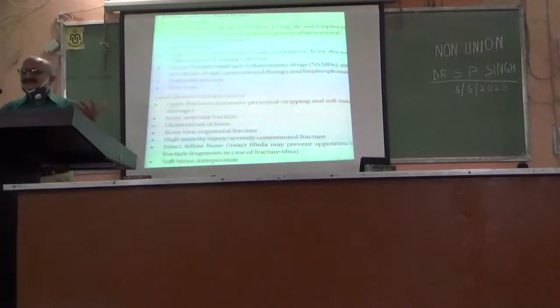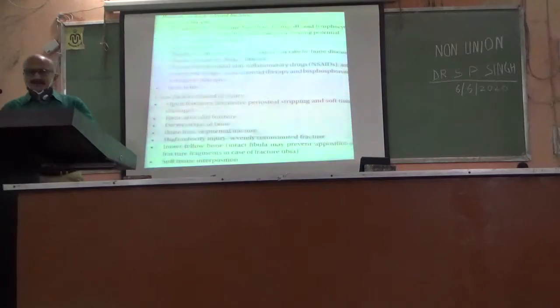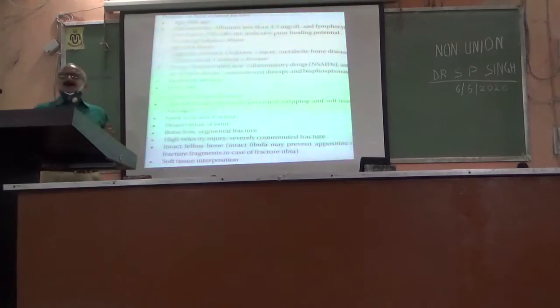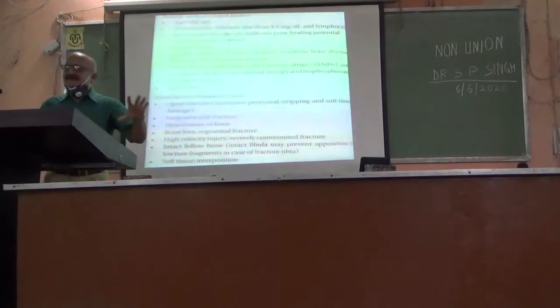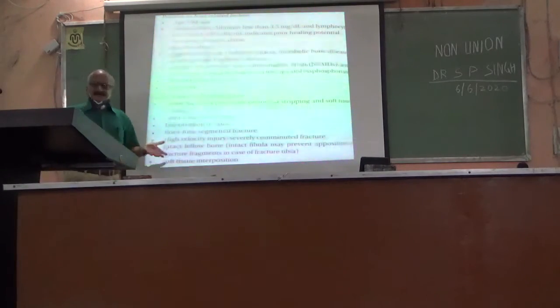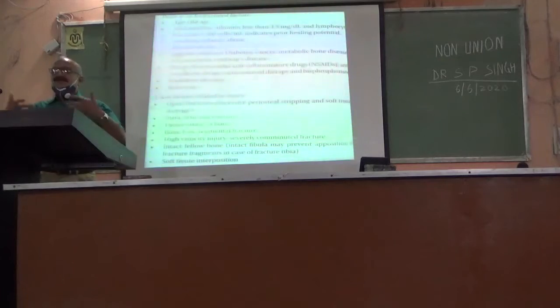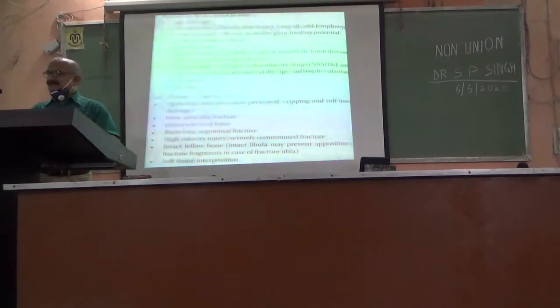when it's host related, but there will be no pain in non-union. क्यों? क्योंकि simply because all the processes of healing have ceased. Simply because inflammation में तुमने क्या पढ़ा है? Inflammation is body's response of repair to any injury. Injury has already occurred in the bone.